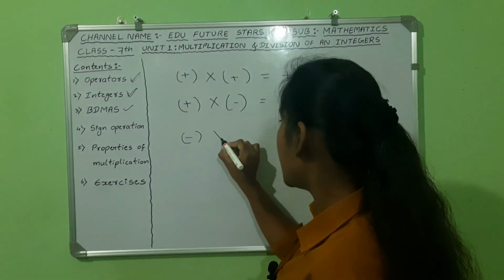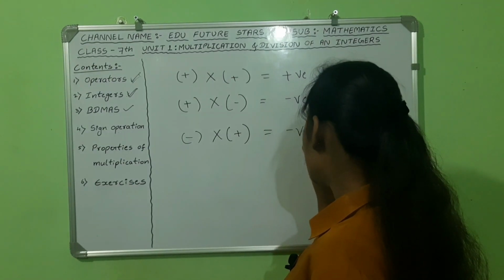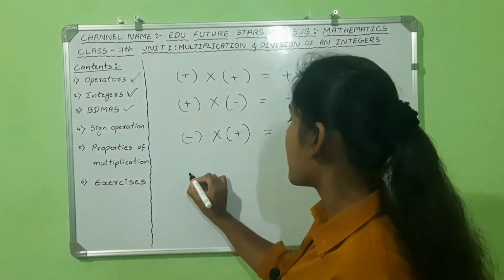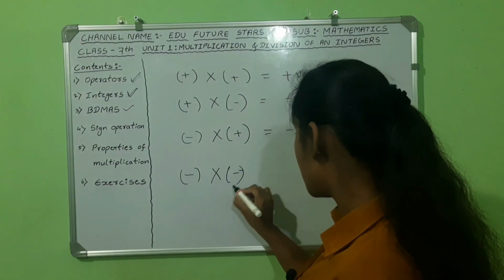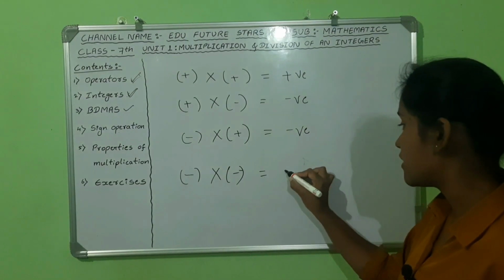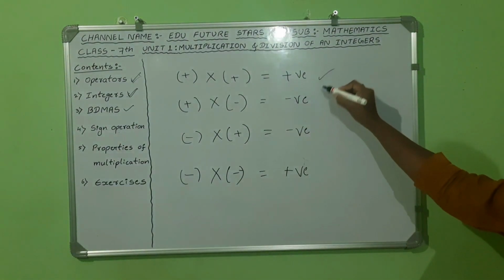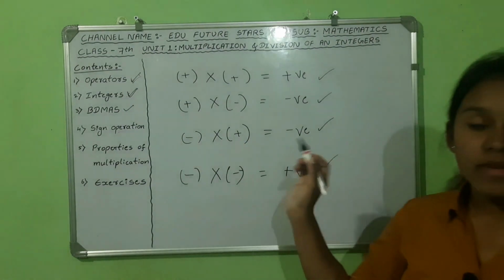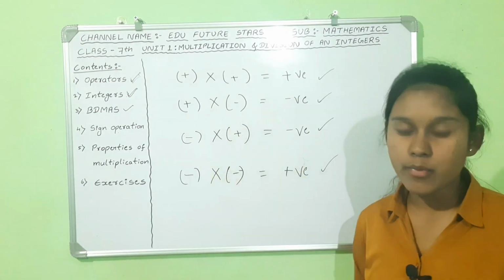Negative into positive, we will get negative again. Negative multiplied with a negative, we will get a positive output. These 4 are very important formulas which are very useful to solve other problems.